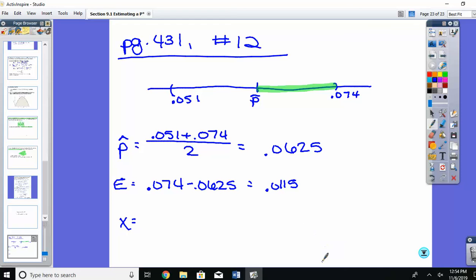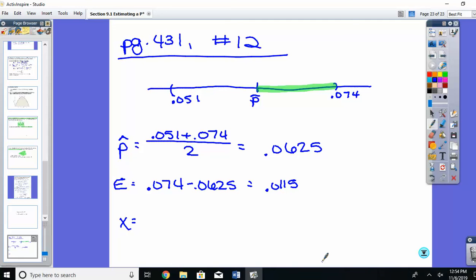I get 0.0115. Would I get the same thing if I did my p hat minus 0.051? Yes, so it's the same distance. You could also just subtract these two and divide by 2, because it's half the distance between them.